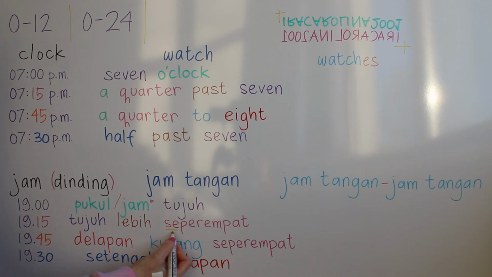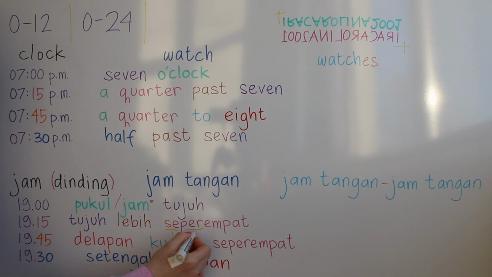It means a or one. Per is the same as per in English.